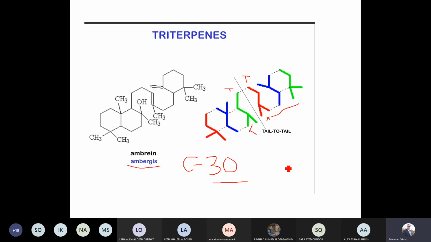So what I want to say is they are not going to 20, then 25, then adding to make 35, no. They take 15 and 15, added together, they become 30.